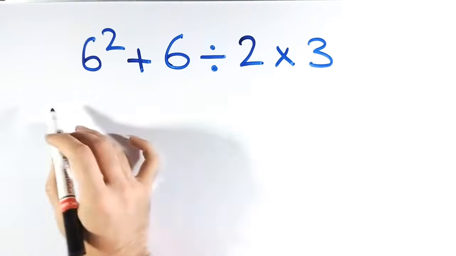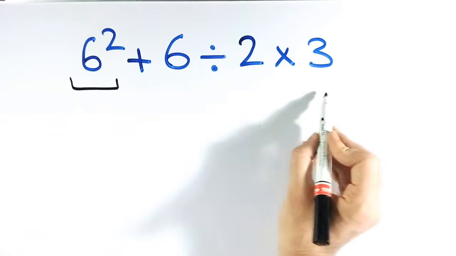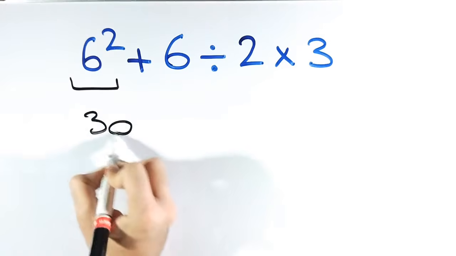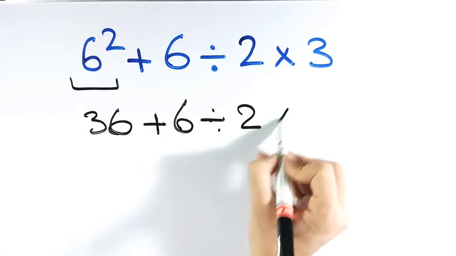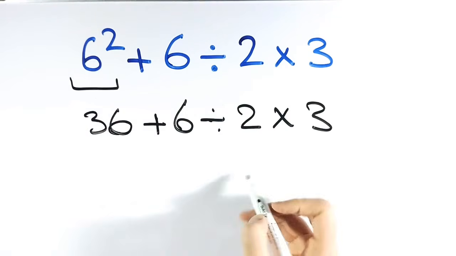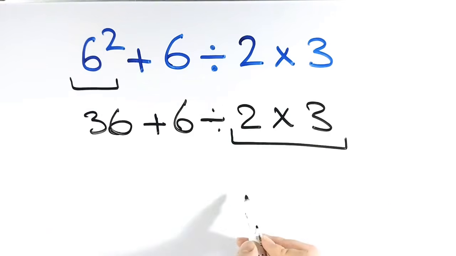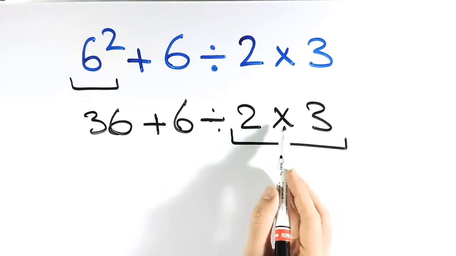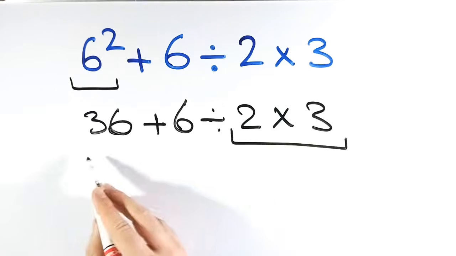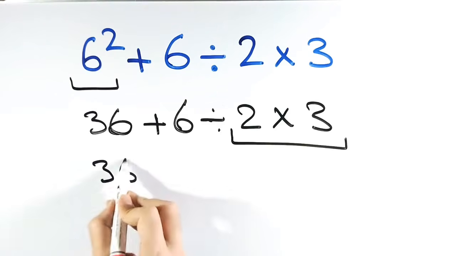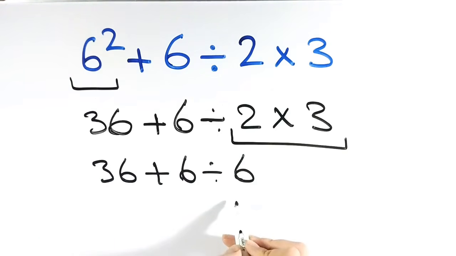Also, some other people, when solving this question, again go straight to the exponent. And instead of this expression, they write 36 plus 6 divided by 2 multiplied by 3. And the next step, they go for the multiplication between 2 and 3 because they think multiplication has a higher priority than division. So, they rewrite this expression as 36 plus 6 divided by 6.